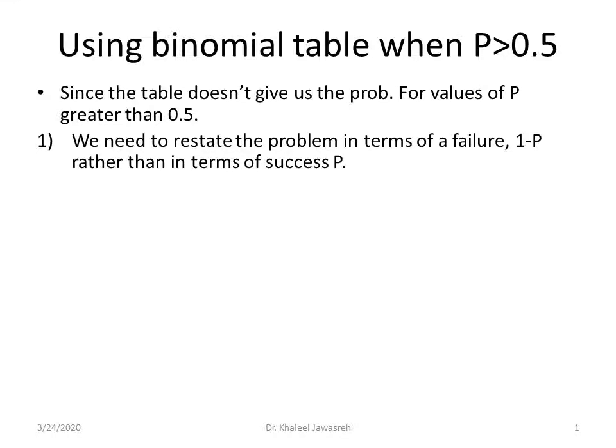If you have a problem where the probability of success is greater than 0.5, we do need to restate the problem in terms of failure, in terms of 1 minus p, rather than in terms of success p, because, as we explained previously, the probabilities inserted in the table are not more than 0.5.